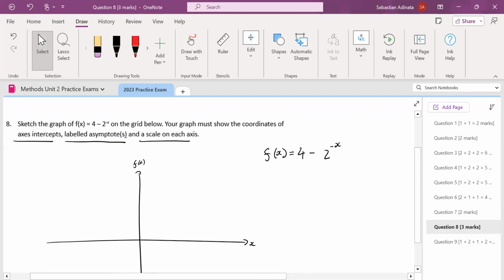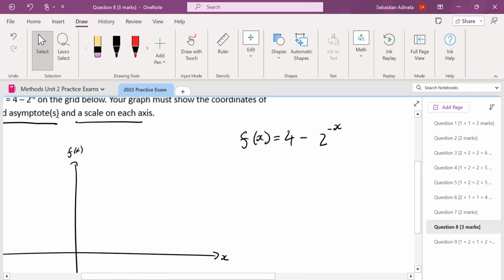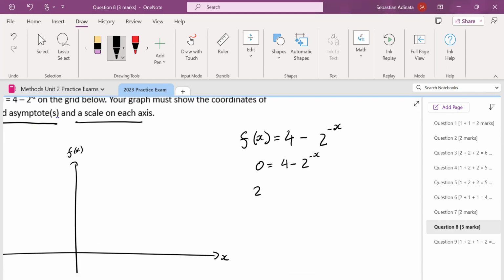the intercepts. So let's see if there's any x-intercepts. So 0 equals 4 minus 2 to the minus x. We end up with 2 to the minus x equals 4.